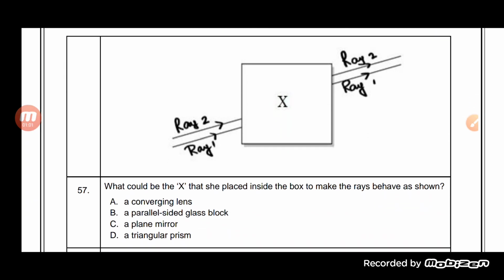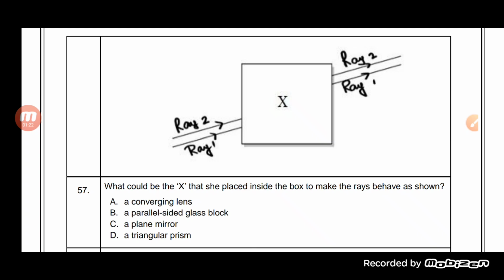Now let us see here. She has taken an object, and when she uses the laser light, the rays are showing like this. Why is it so? Let us see what kind of X is placed inside the box to make the rays behave like this.